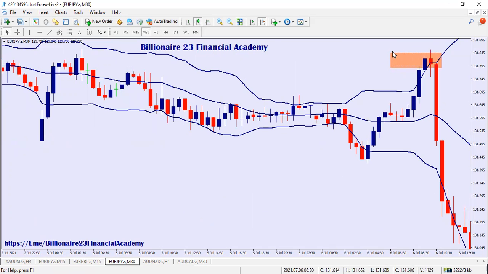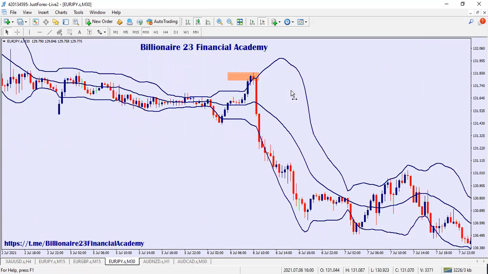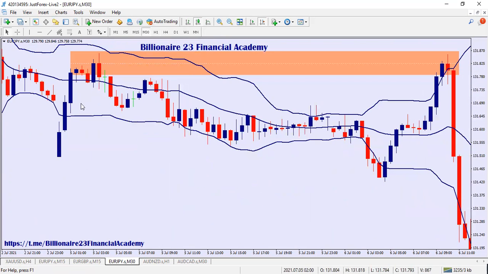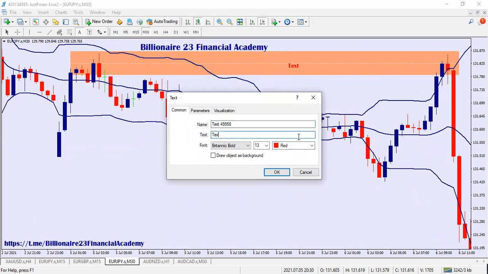Why did price go outside of the Bollinger Band here? Let's extend this. Resistance. We have an area in the market where price touched once, twice, 3 times. On the fourth occasion, we had resistance plus the breakout of the Bollinger Band.